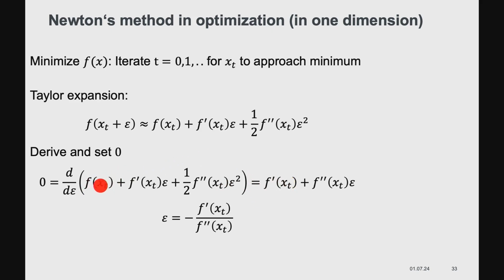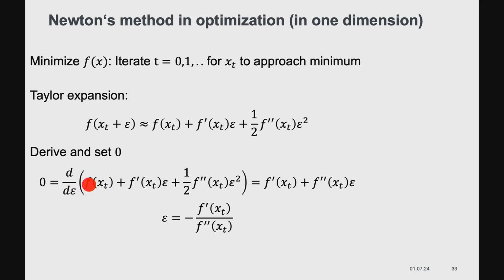This is a constant, so this is dropped. This is simply f prime of xt, because this is a constant, and the derivation of epsilon in the direction of epsilon is then 1. So this part, where this is a constant, and you take 2 times epsilon, and 2 times 1/2 is 1. So that's f double prime of xt times epsilon.